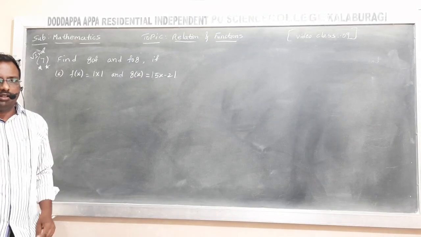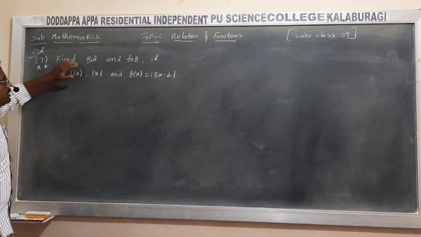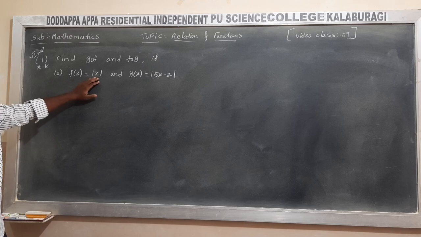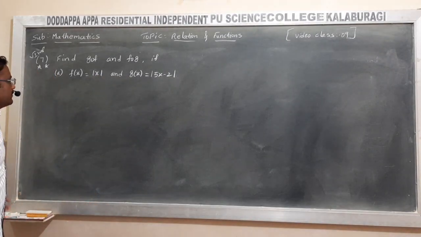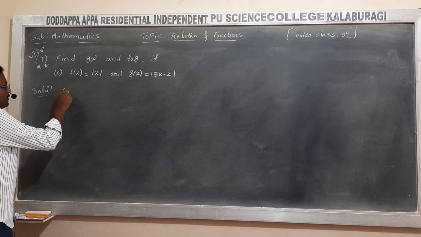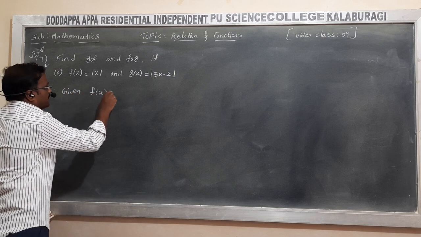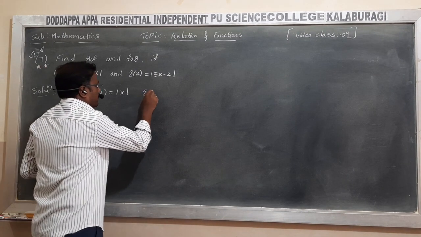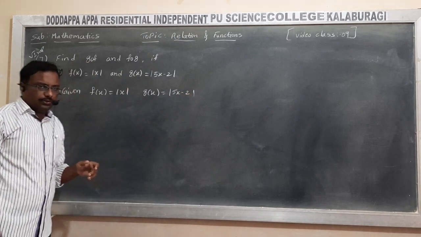Okay, we go for another problem, very important. Find g naught of f and f naught of g if f of x is equal to modulus of x, g of x is equal to modulus of 5x minus 2. So first of all, you write the given values: f of x is equal to modulus of x, g of x is equal to modulus of 5x minus 2.